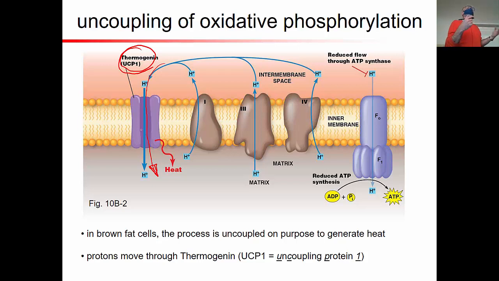So remember, we can convert energy into different forms. In the case of producing ATP, you've converted that movement through the transporter into a chemical bond, the ADP to the phosphate. In this case, we're taking the energy from moving the protons through to convert that to heat. Okay?